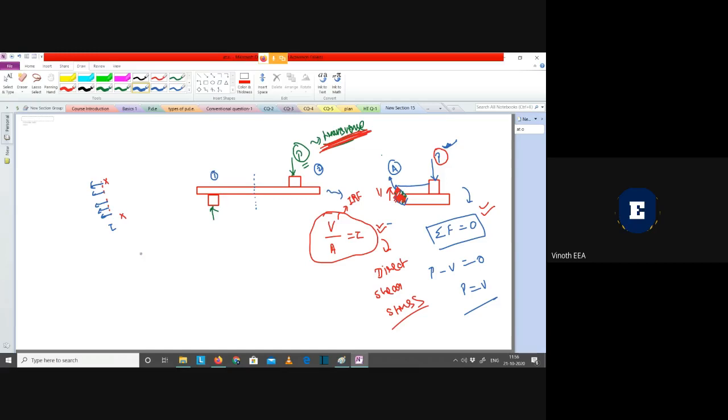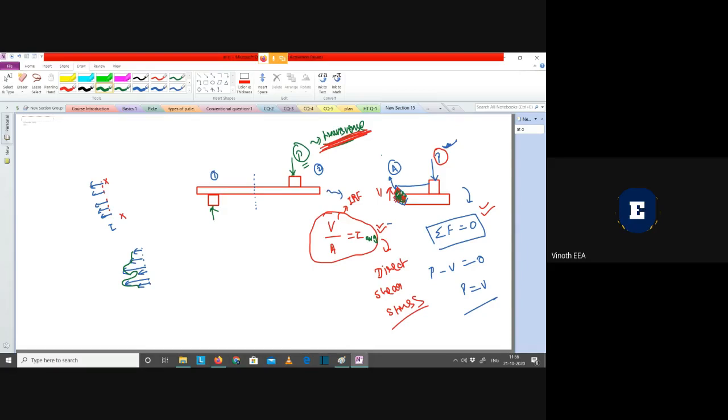But in the actual case, at some points shear stress will be less and at some points shear stress will be more. That is, there will be some variation of stress in this cross section. So this shear stress which I'm finding is not the actual shear stress, it is the average value.